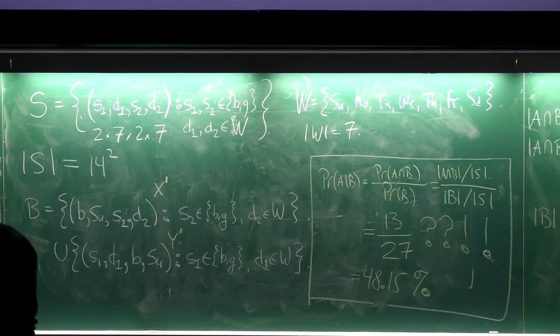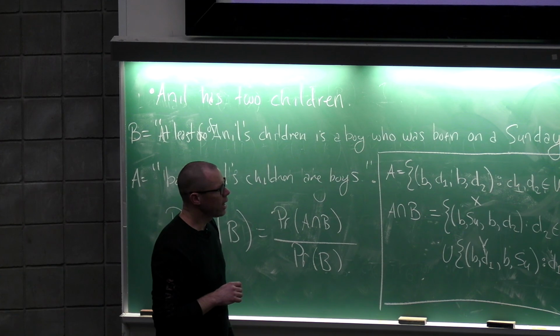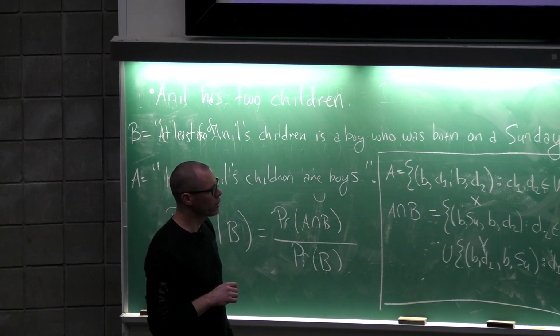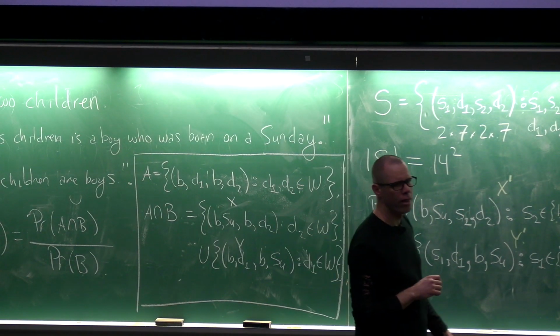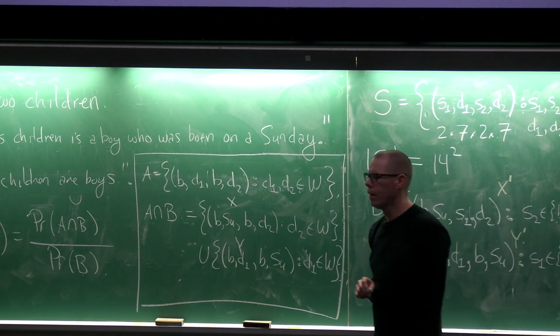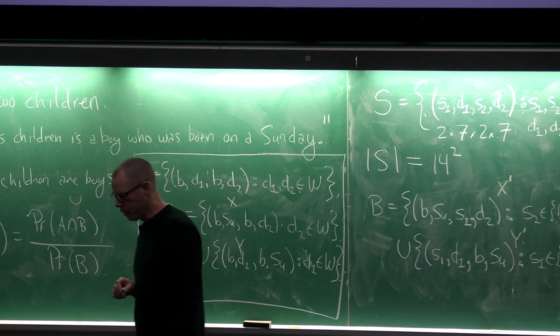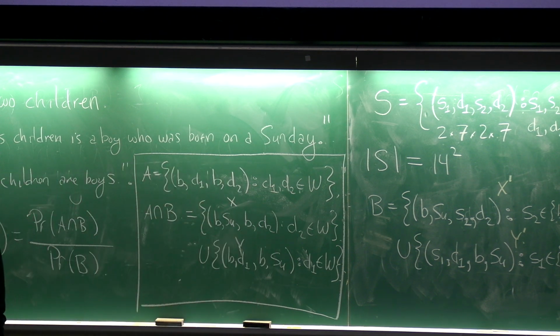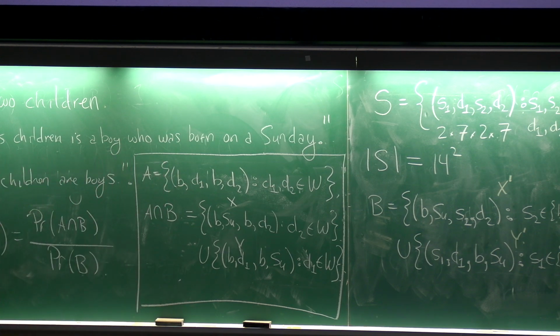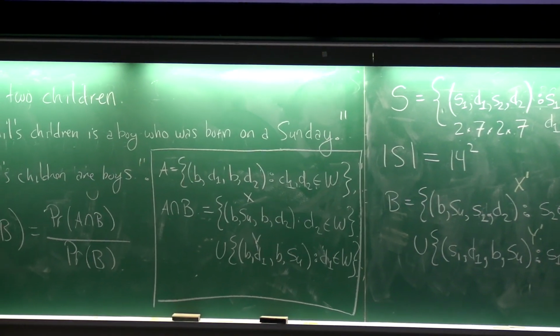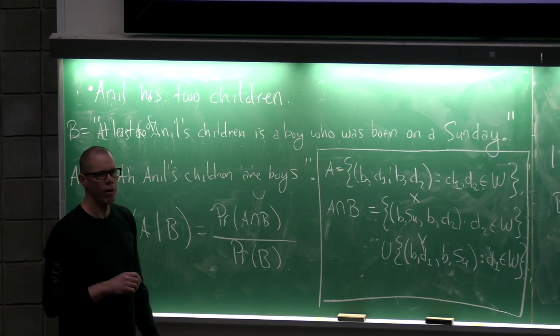So you can try the same experiment with a similar thought experiment, which is, let's say I pick two integers between 1 and 1,000. And I tell you one of the numbers was 500.